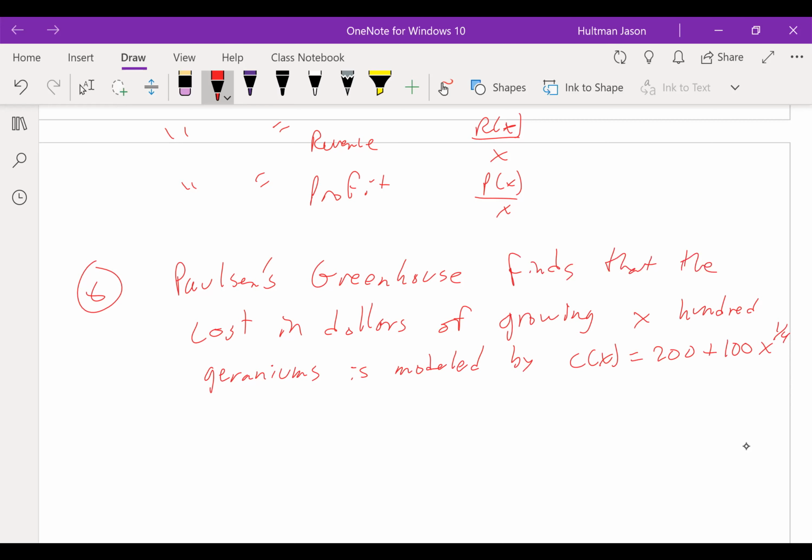So this is fixed costs and then variable costs.